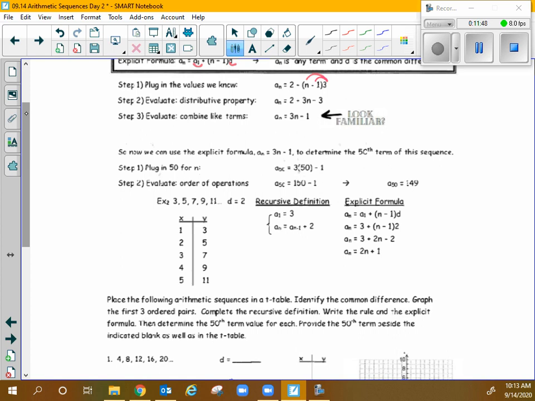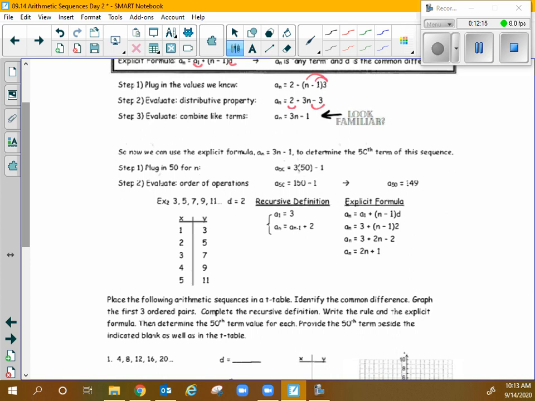I'm just combining my terms. Is that what you said? No, because 2 minus 3 is negative 1.